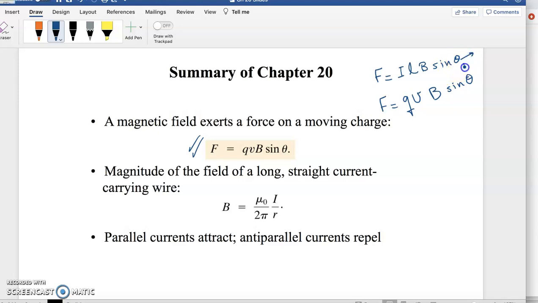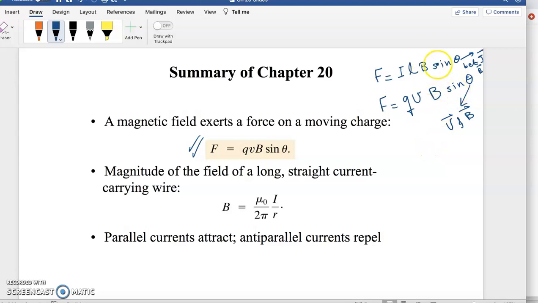This theta is between, we mentioned I and B, right? And this theta is between, we don't have I now, the movement of the charge is represented by the velocity. So this is the angle between velocity of the charge and the magnetic field.